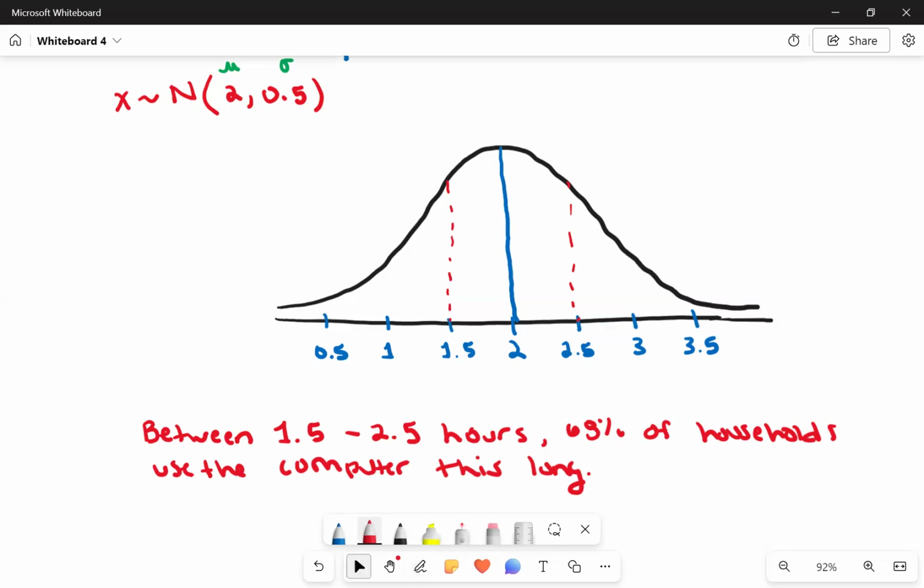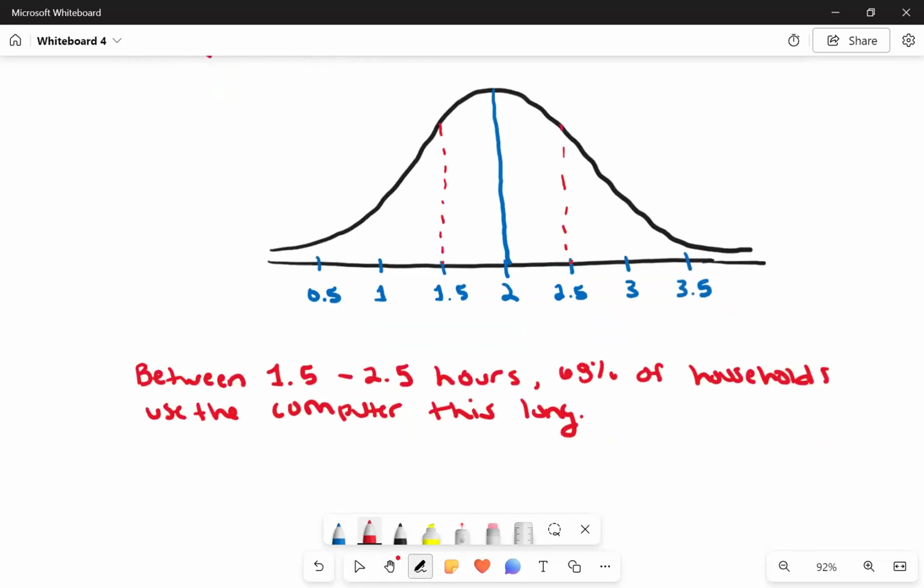Let's do a better sentence for when we're talking about 2 standard deviations. With 2 standard deviations, now we're looking at 1 to 3, and the percentage is now 95%.